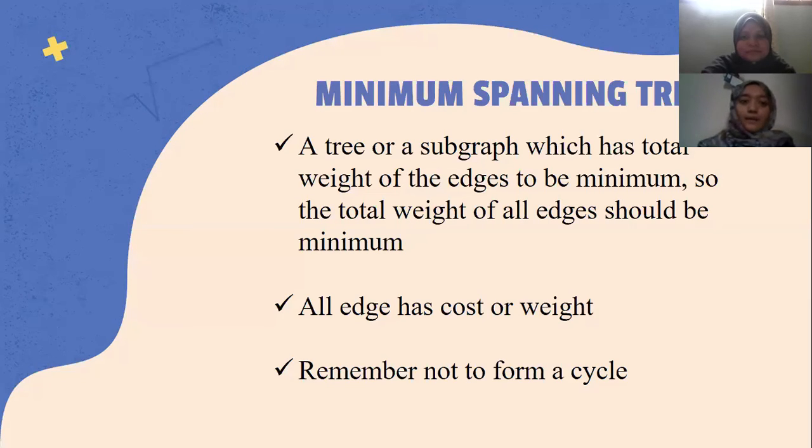Besides that, we also have a minimum spanning tree. It means a tree or a subgraph which has a total weight of the edges to be minimum. So the total weight of all edges should be minimum. For your information, all edges have their own cost or weight, and we need to remember not to form a cycle in a spanning tree.